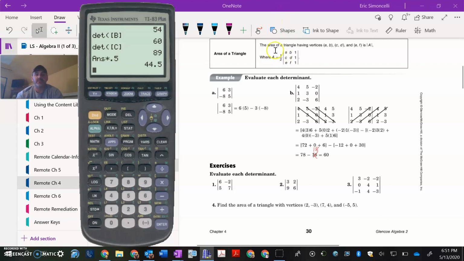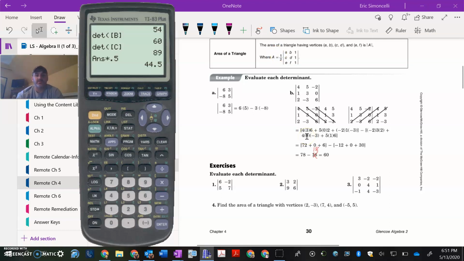I believe that's yet another editing error that the writers didn't take into account, but it's technically true because your determinant in fact could be a negative number, and if it's negative, having a negative area doesn't make any sense. Negative value. So what we do is we put a plus or a minus here, and if in fact the determinant is negative, you multiply it by negative 0.5, giving you a positive area.